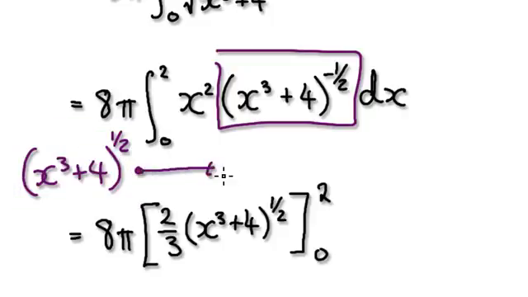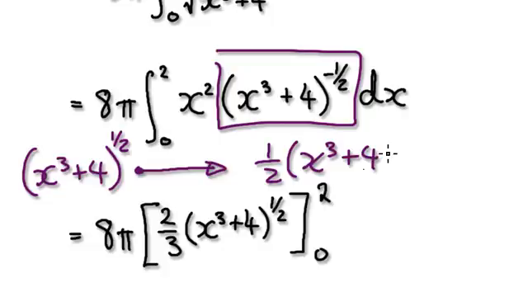When we differentiate this, it will give us a half. The bracket stays intact, the power gets reduced by 1, and then we have to multiply by the derivative of the bracket itself, which will be 3x squared.